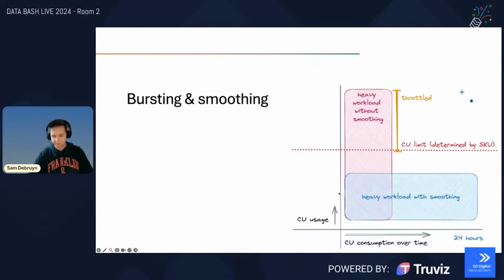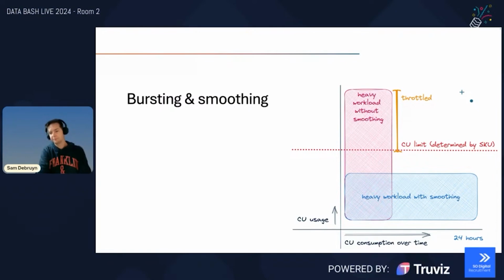Then we come to bursting and smoothing, which is really why Fabric is so powerful, and where even with an F2 capacity, you can do lots of complex things. How does this work? Well, Fabric is going to bill you in a different way than how it's going to execute your workloads. So a workload is billed differently than how it is executed. It's very important to understand.